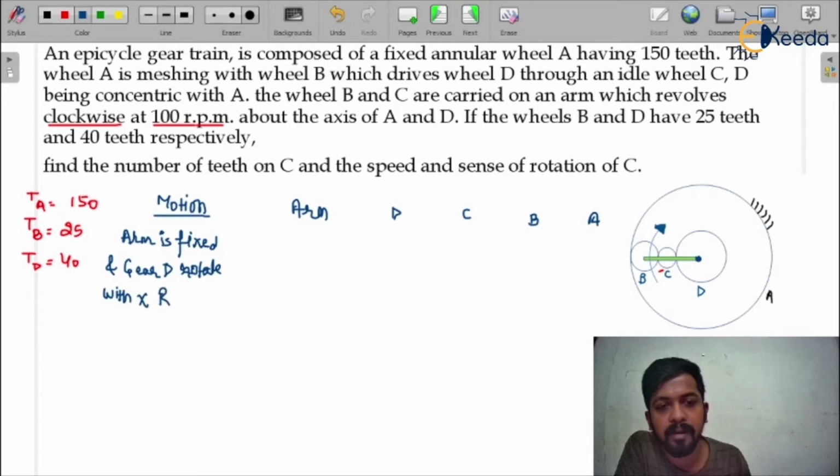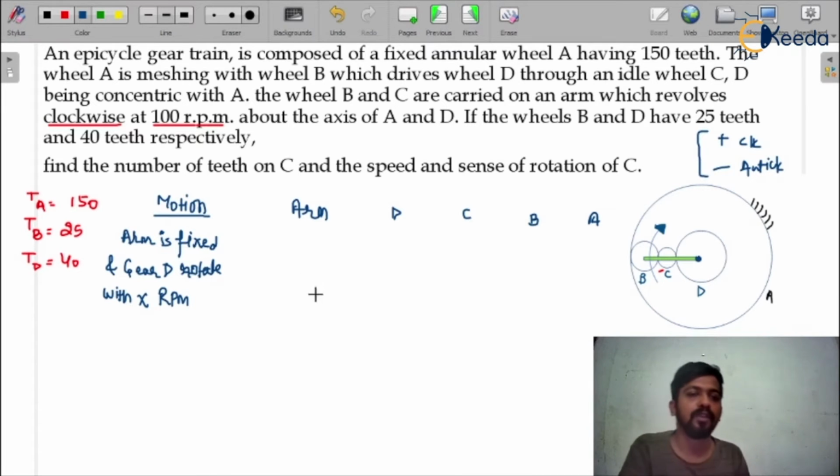With x rpm I have taken plus sign, so plus sign denotes the clockwise direction, this is my assumption. Minus sign denotes the anti-clockwise, this is my assumption. If the arm is fixed and the gear D rotates with x rpm, the arm speed is 0, yes or no? And the gear D rotates with x rpm in the clockwise direction, so I'm taking it plus x.